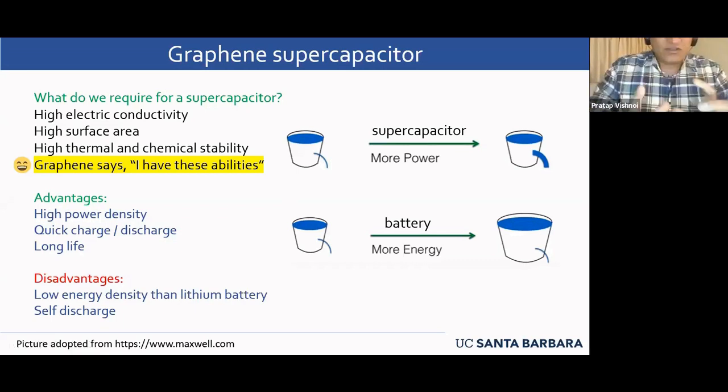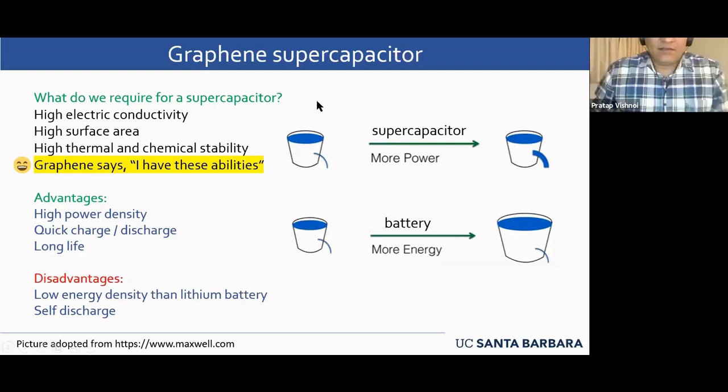So when you make a supercapacitor of graphene, one layer means one layer. You can't do anything out of that, so you cannot increase it. But what you can do is take out a huge amount of energy very quickly out of a supercapacitor. So whenever you need a high milliampere-hour, that type of power, you use a supercapacitor rather than a battery. But a lot of research is going on because the supercapacitor is still young.